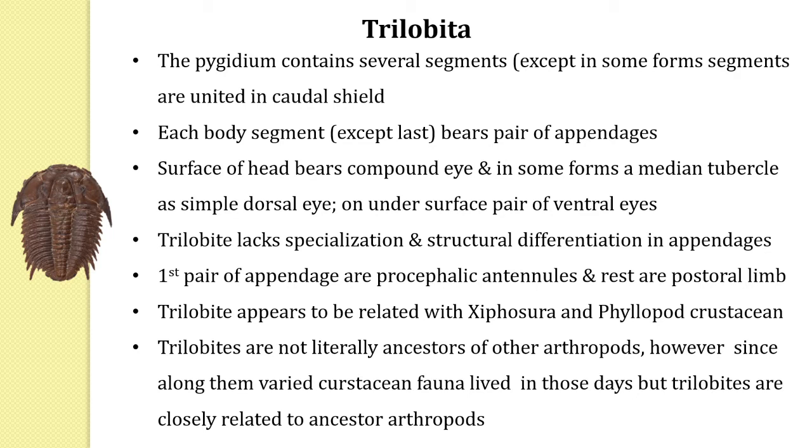However, along with the trilobites there lived highly specialized Eurypterids and a large and varied crustacean fauna, but the trilobites are probably more closely related to the ancestor of the arthropods than any other forms known to science, and hence the trilobite is considered the ancestor of the arthropods.